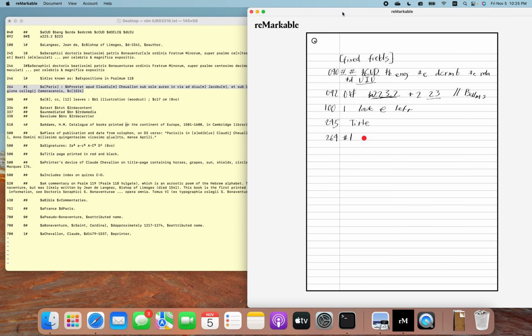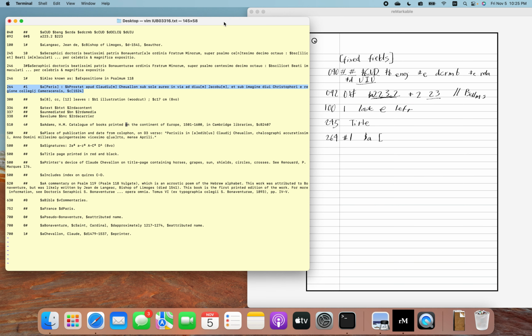For things that aren't on the title page, we put in brackets. We sometimes have to rearrange things just a bit to get that A, B, C, where A is the location, B is the publication statement, and C is the date.